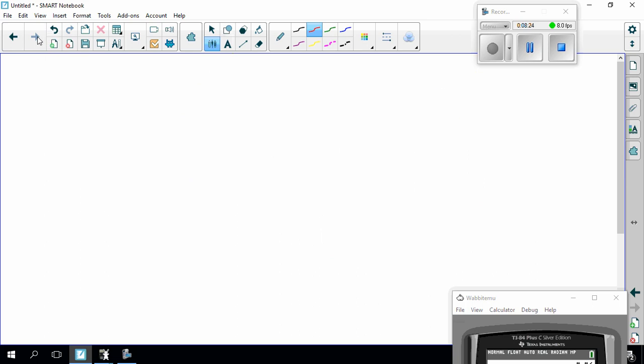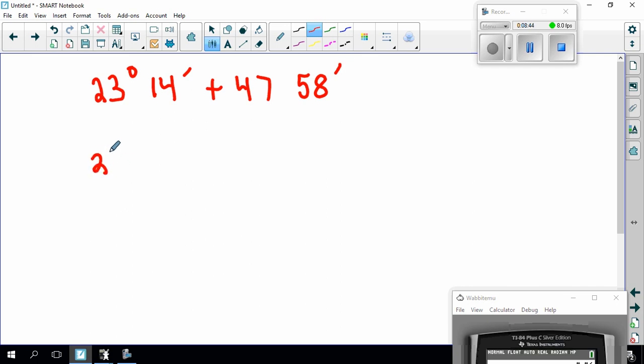So that's the start. Now, what you need to do is be able to add and subtract. For example, 23 degrees, 14 minutes, plus 47 degrees, 58 minutes. Well, I prefer to stack it up, so I'm going to go old school here. It's kind of like clock arithmetic. I don't know how old you guys are. I'm 52.